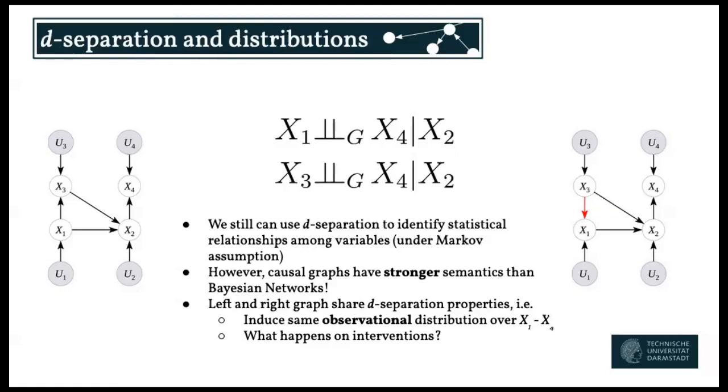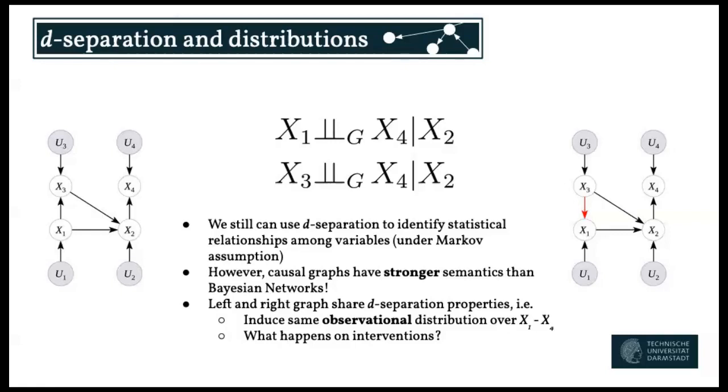So x1 is independent of x4 given the value of x2, which you can see in the graph right here. So if you get to know this value, there's no information flow anymore between x1 and x4. And the same can be seen for x3 and x4. So the same conditional independency holds.